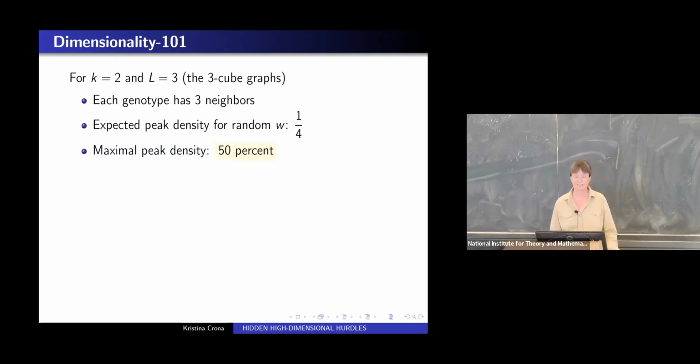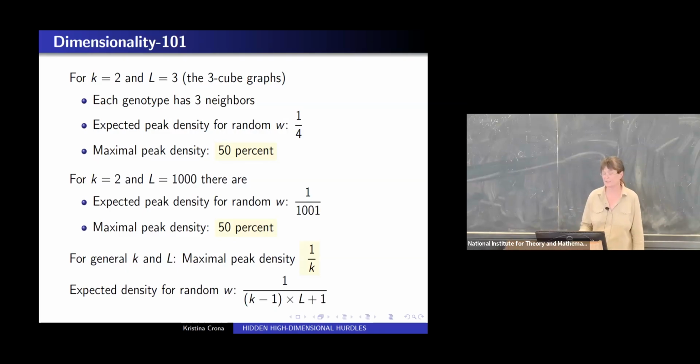Okay, and then just to go over this dimensionality course, Dimensionality 101, what's interesting here is that if you just look at the standard observation, the maximal peak density is 50% if you look at this small cube, the 3-cube, and the maximal peak density is still 50% if we have L equals 1000 or any L. The maximal peak density does not change with L, right?